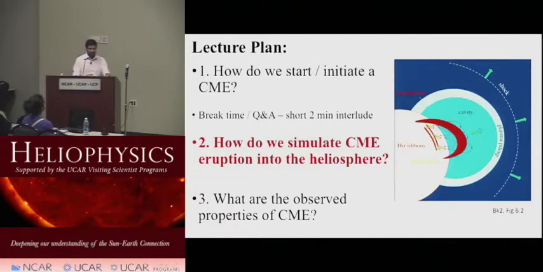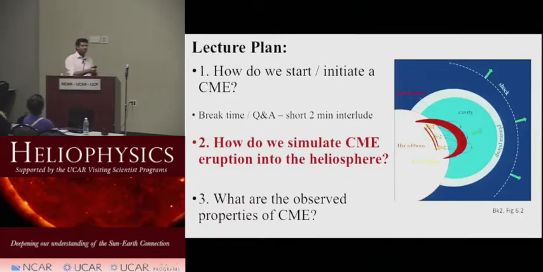Okay, so part 2 of this talk is, let's try to ignore the complexity of how to initiate the CME. Let's pretend that we already know how these things erupt. Let's now think about the consequences in the heliosphere or in the upper corona.